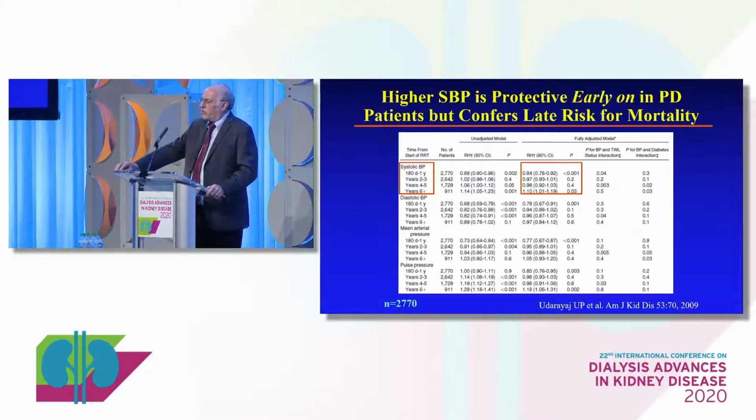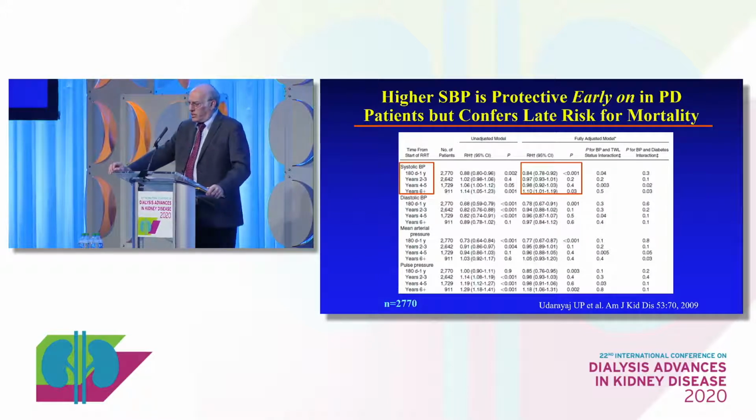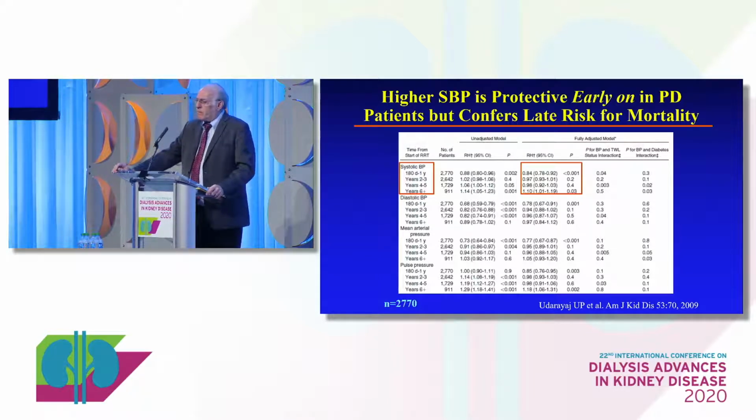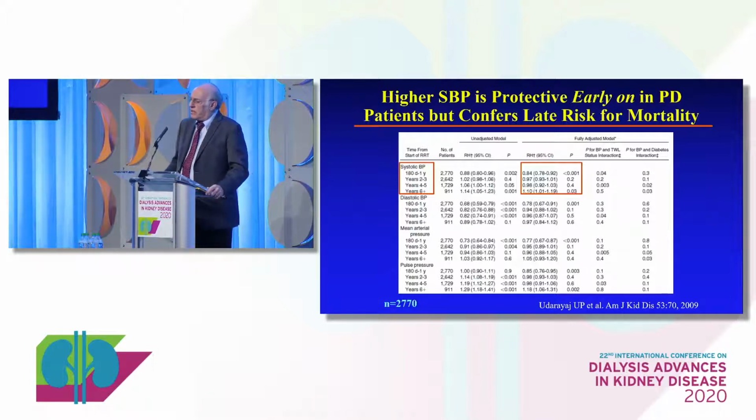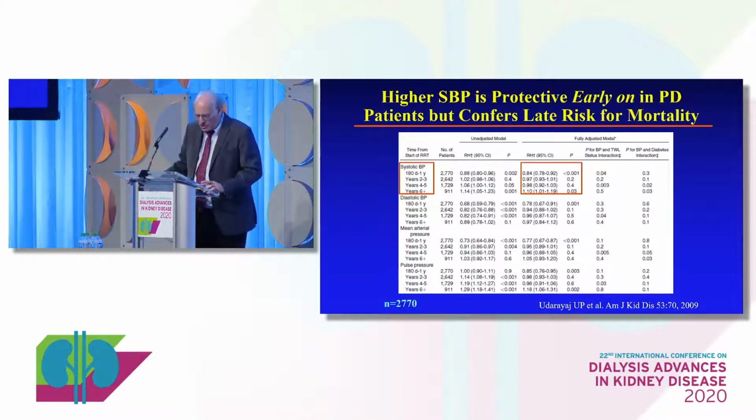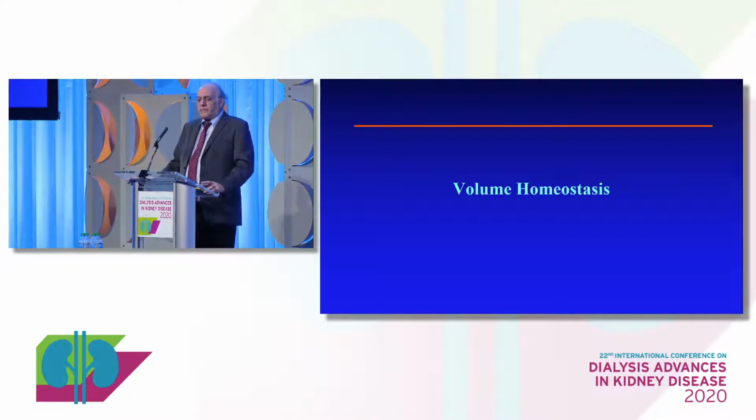But by the time we reach year 6, which unfortunately not that many PD patients in this country make it to, hopefully that will change, there is indeed a deleterious effect of increasing systolic blood pressure. So the take-home message to me is we should be at least 111, maybe 140, 150s doesn't matter, but I'm certainly not endorsing keeping patients at higher blood pressures.